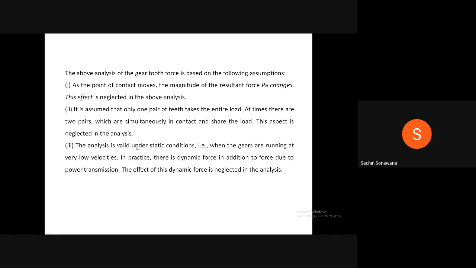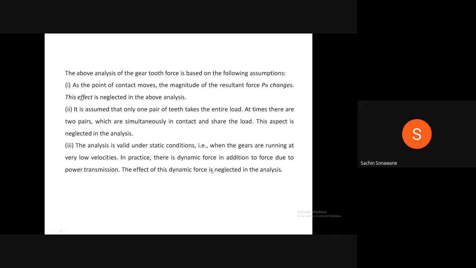The analysis is valid under static conditions, that is, when the gears are running at very low velocities, less than 5 meter per second. In practice, there is dynamic force in addition to force due to power transmission.